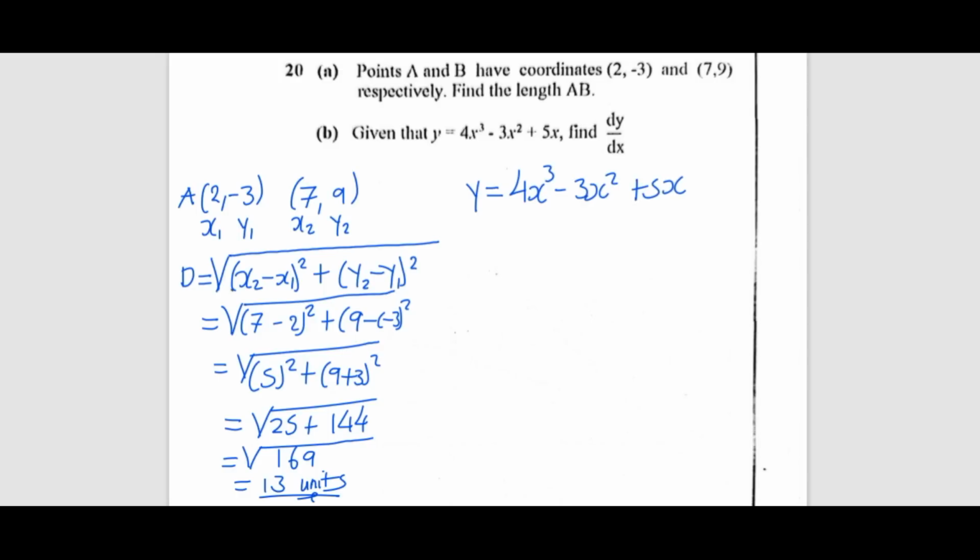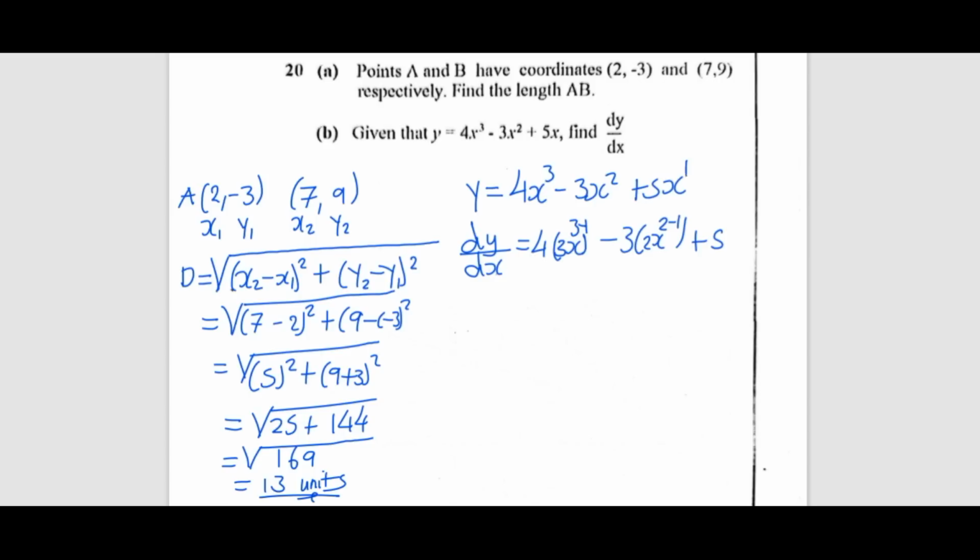We are going to use the power rule, differentiating y with respect to x. We move 3 to the front of x, then we subtract 3 minus 1, then we repeat the pattern. So 2 will go in front of x, then we subtract 1, plus 5.